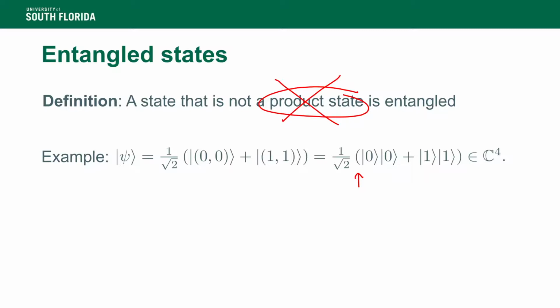So let's do it. Is this true that this is entangled? Well, suppose that psi is in fact a state of the form (A|0> + B|1>) tensored by (C|0> + D|1>), okay?